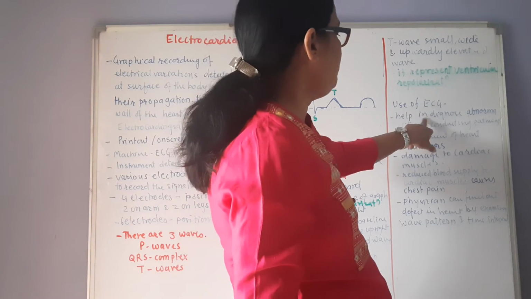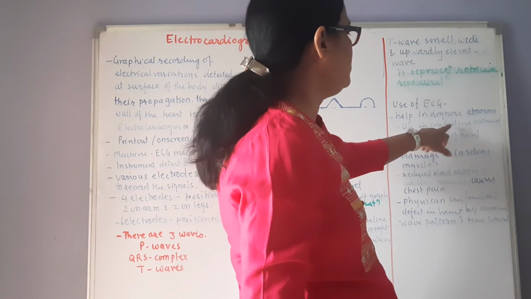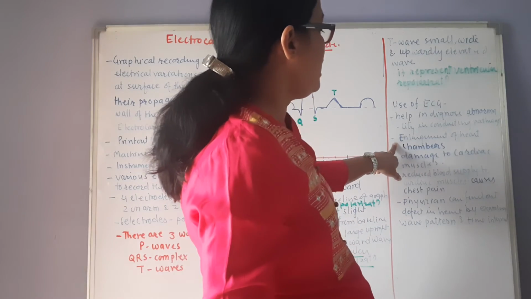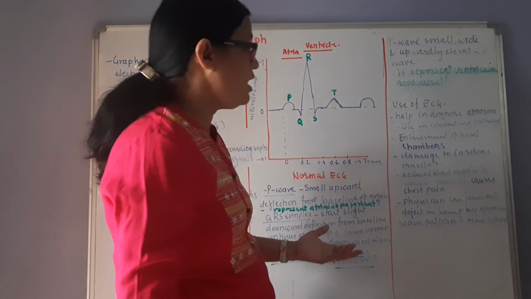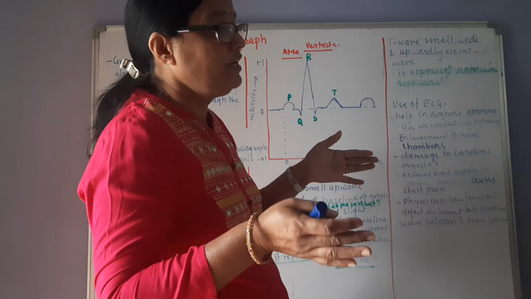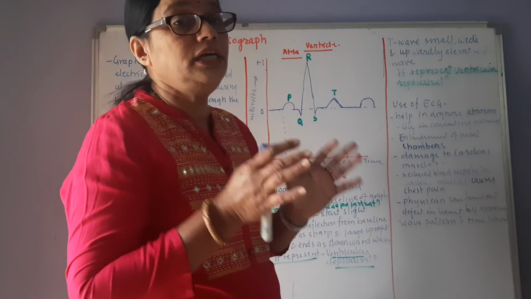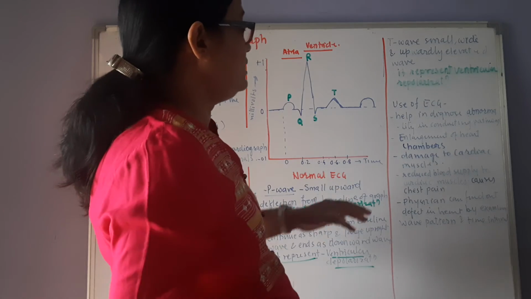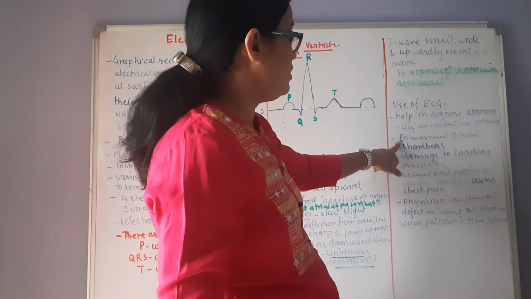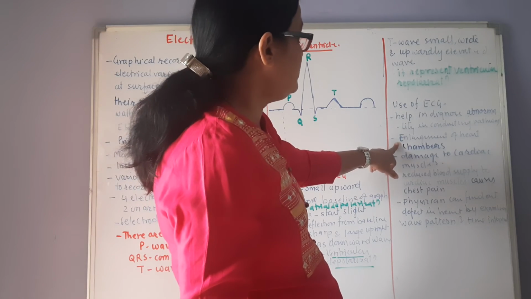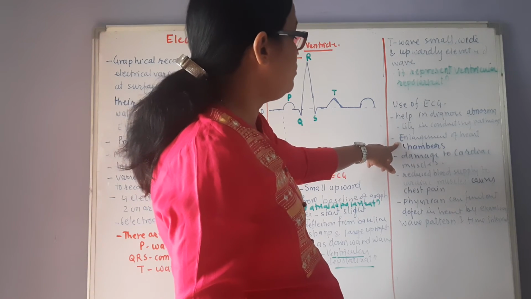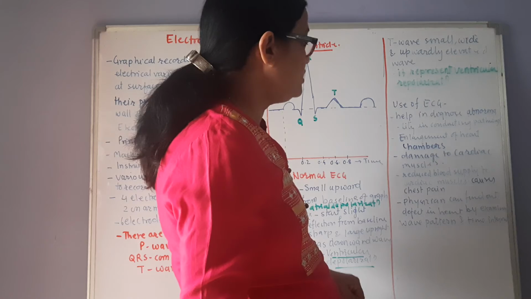It also helps diagnose enlargement of the heart chambers. If an enlargement of the heart chambers occurs, they will not show proper depolarization, and at that time the doctors can identify or diagnose the enlargement of the heart chambers.